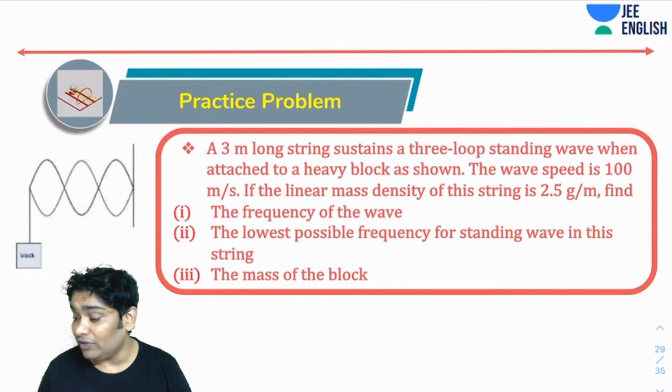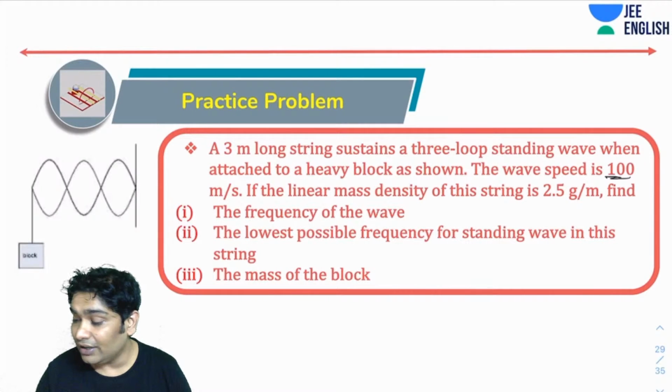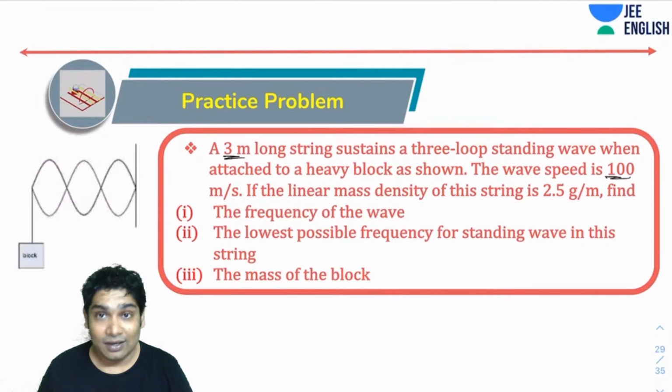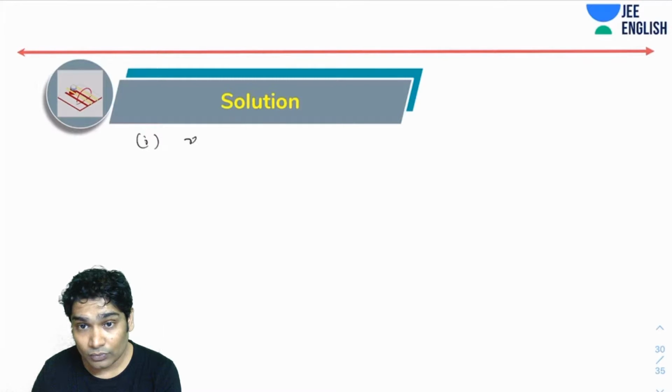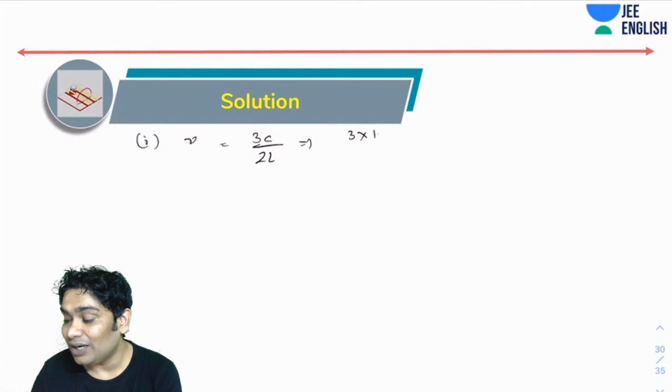For the first part, obviously C is 100, L is 3 meters. Since this has 3 loops, this is the third harmonic. The third harmonic frequency would be 3C by 2L, so 3 into 100 over 2 into 3, which is 50 hertz.